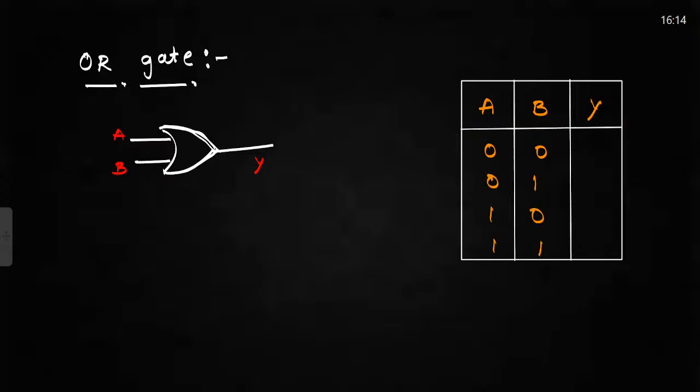So these are my possible combinations. So my output equation is Y is equal to A or B. So this represents parallel connection. Now let us understand with the circuit with the same example.